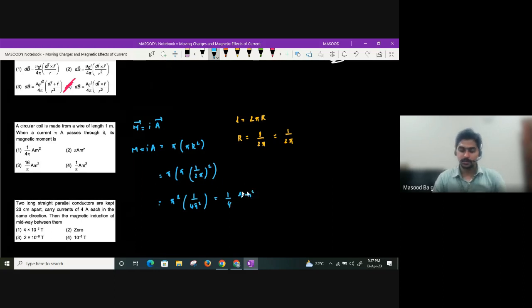Length is 1 meter means radius will be 1 by 2 pi. Pi r square, so I'll get pi square into 1 by 4 pi square. So it should be 1 by 4 only, guys. Is there any mistake that I have done? Yes or no? So you change it, 1 by 4 you take. Clear? Understood, everyone?